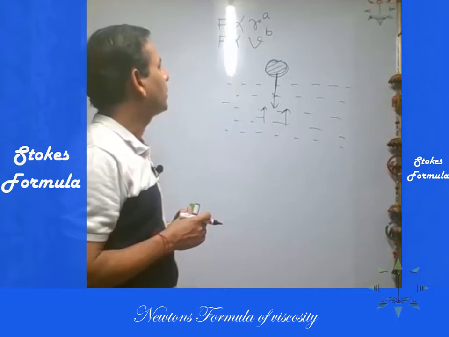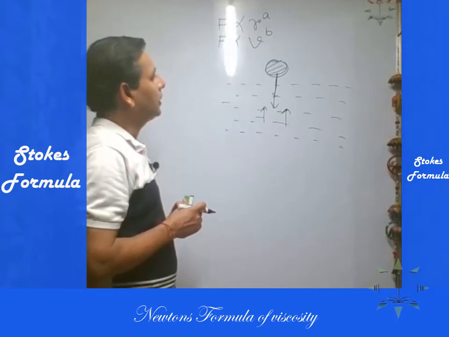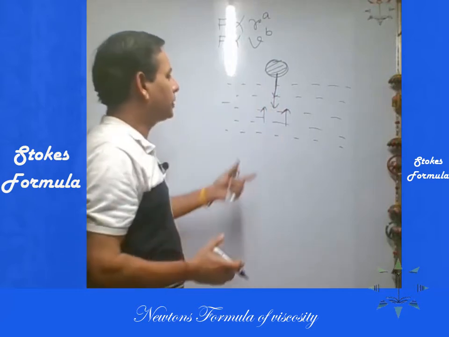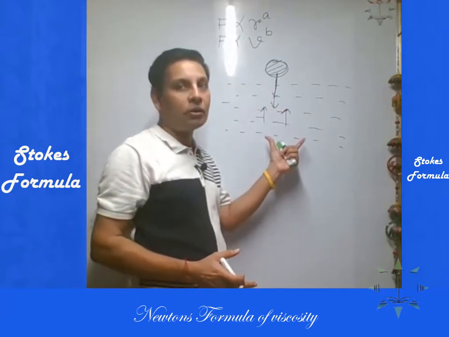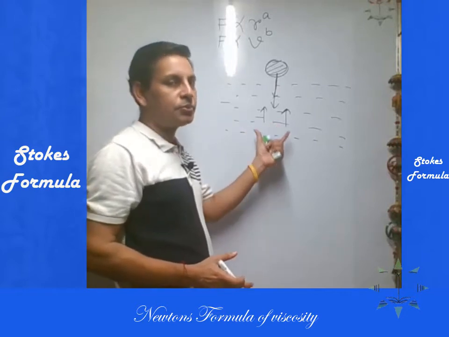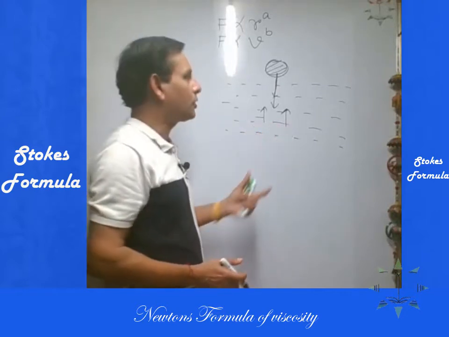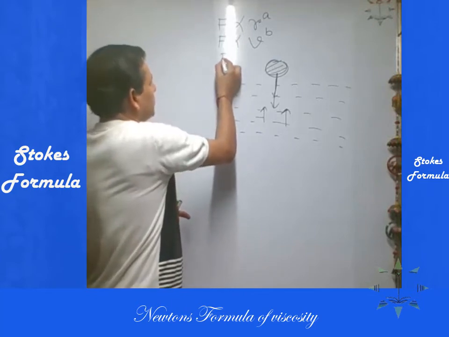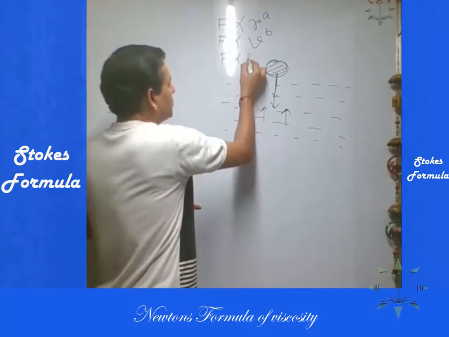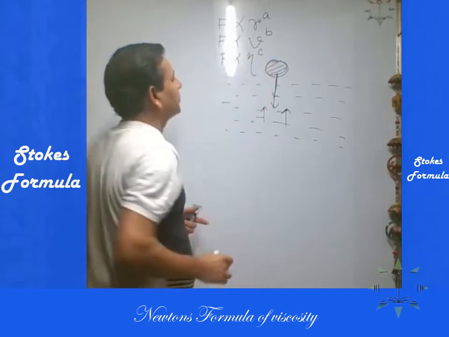So we will see. And then he also said the type of fluid where this sphere is flowing, whether it is glycerin or alcohol or water, what type of fluid you have taken. So viscous force depends on that. So viscous force is proportional to type of nature of fluid represented by coefficient of viscosity eta to the power c.